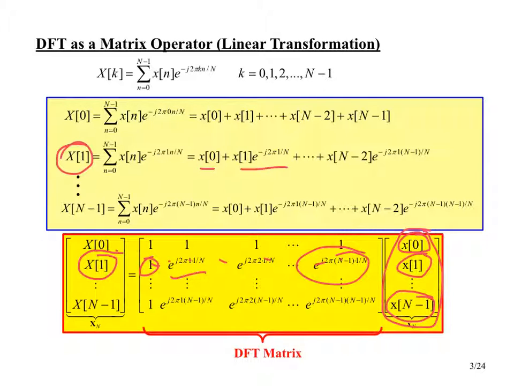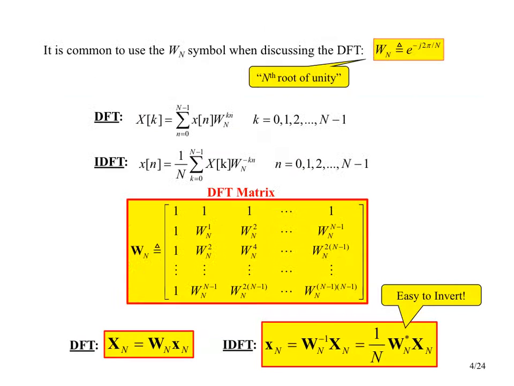So once we have this idea, we can then very easily rewrite this DFT matrix in this form. And we've used this common definition, this common symbol, W sub n. So whenever you see that showing up in a DSP book, it means this thing, e to the minus j 2 pi over n.